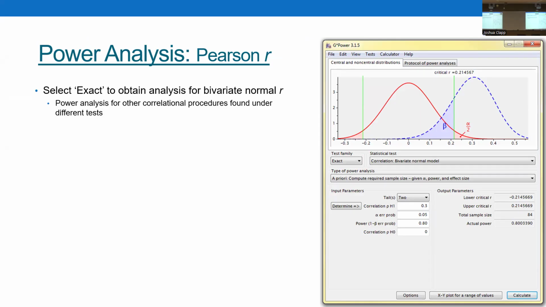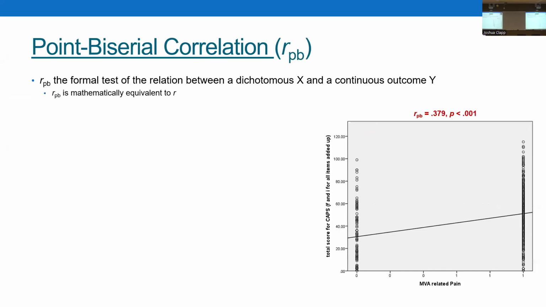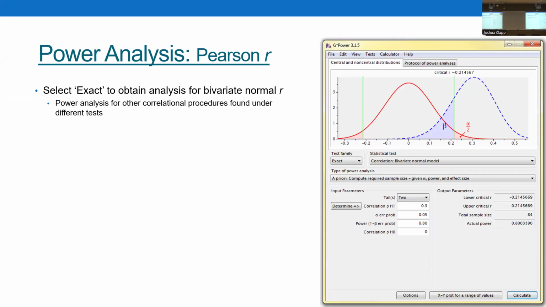You're asking how many people do I need to adequately power my study to detect a correlation of 0.3, alpha 0.05, power 0.8. My null correlation is 0 because that's usually the model we're testing against. I calculate this and it tells me I need 84 people to have reasonable power to detect a population estimate of 0.3. That's easy, straightforward.